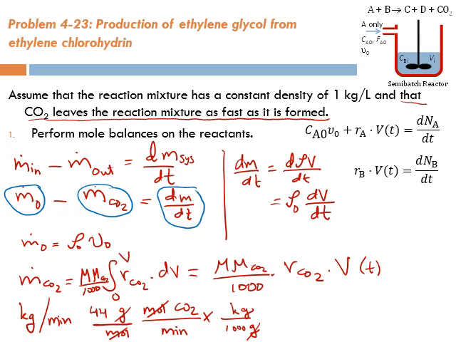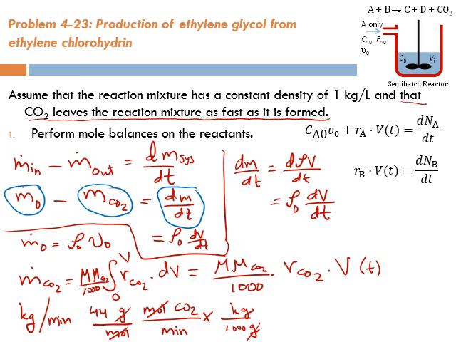So we can write an equation for dV by dt. Okay, so let me see if I have space to write all of this. Rho naught dV by dt, and of course you divide by rho naught, and then you get an equation for dV by dt.